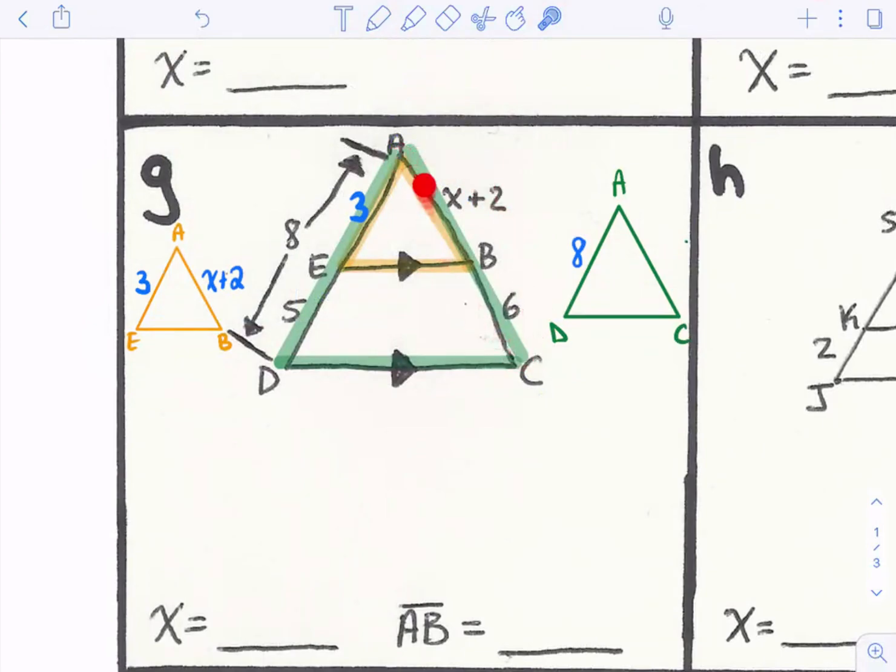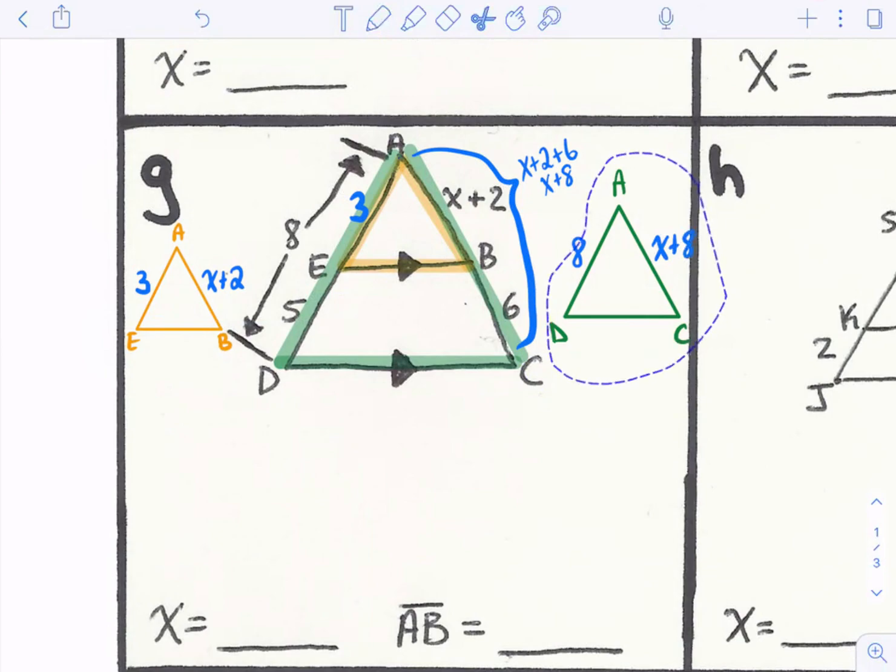For these 2, I had to add them to get a total of 8, so for these 2, I have to add them. I have to do x plus 2 plus 6, which is just x plus 8.